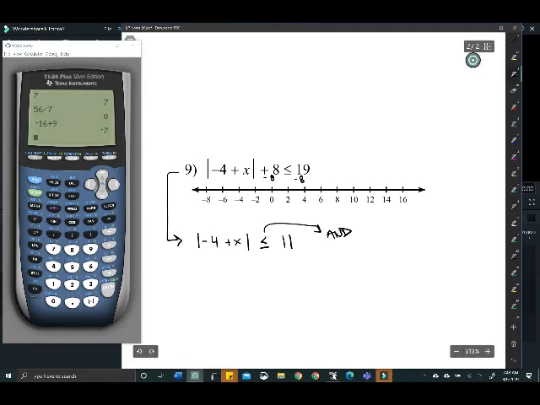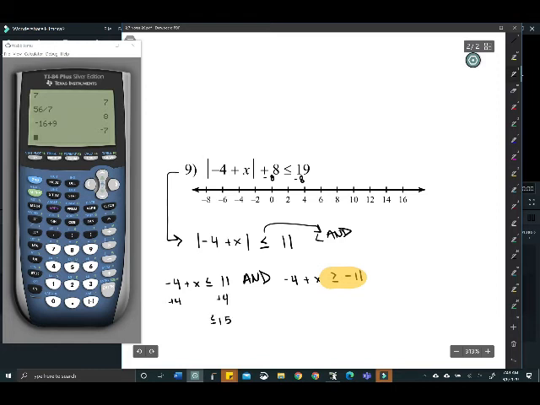Okay, less than. So we break it up. Negative 4 plus x less than or equal to 11. And negative 4 plus x greater than or equal to negative 11. Going to highlight again the double switch. Add 4. Add 4.